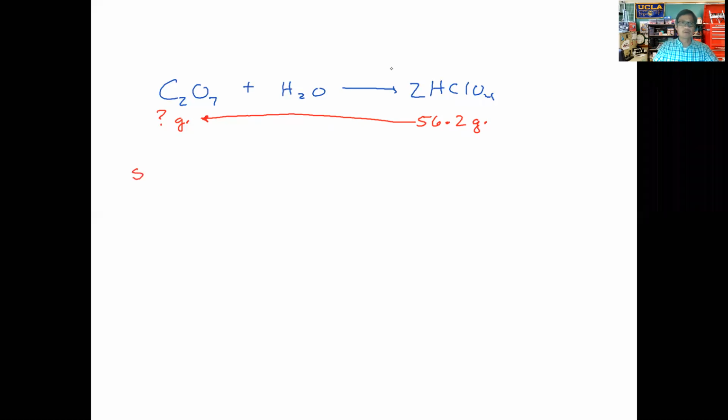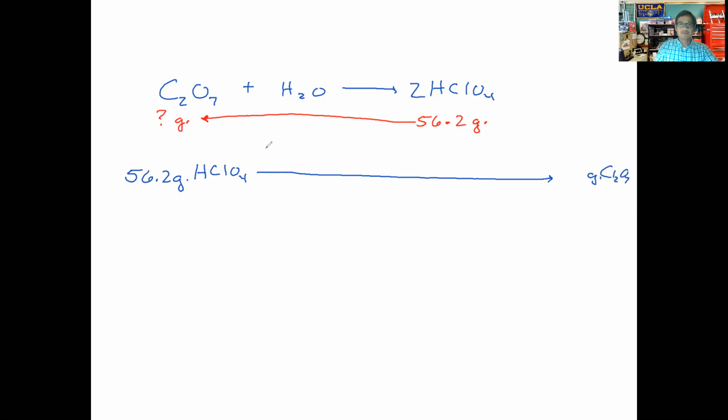The starting quantity here is going to be 56.2 grams of HClO4, perchloric acid. What we're solving for is the grams of Cl2O7.